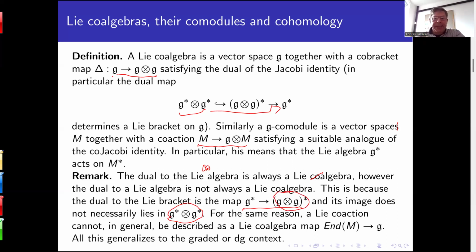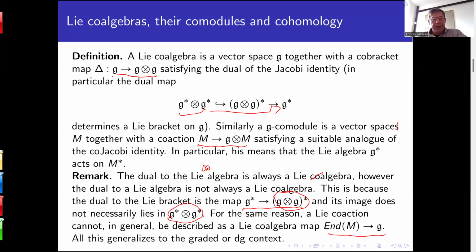It's a subspace. So the image of the dual map to the co-bracket does not necessarily lie there. For the same reason, a Lie coaction cannot in general be described as a Lie coalgebra map such as this.